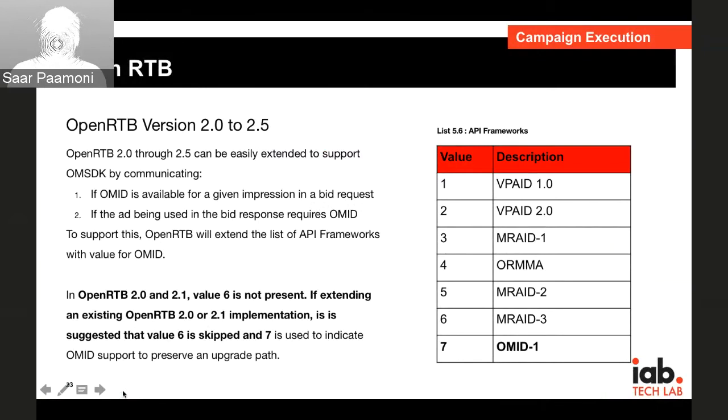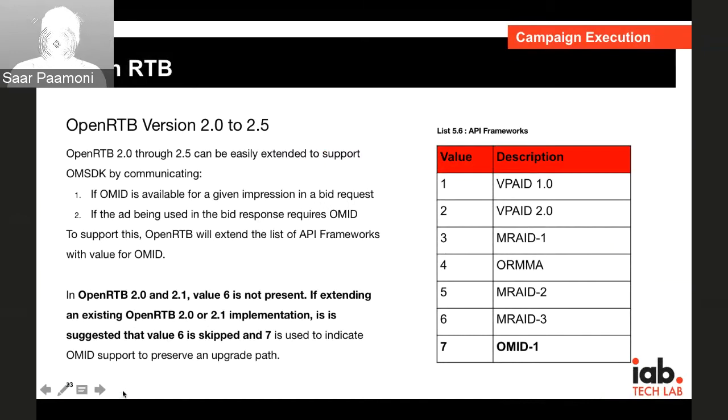If Omid is available in a given impression in the bid request, it would be included in the API framework table as ID 7. If on the response the Omid API is required, then it will also be declared with the Omid indication.